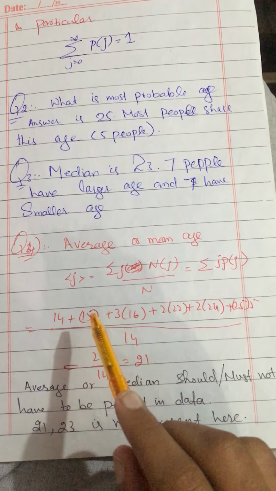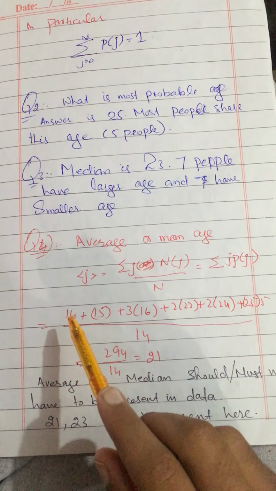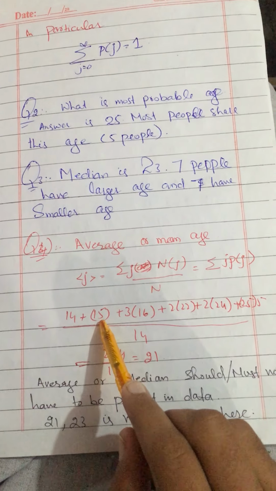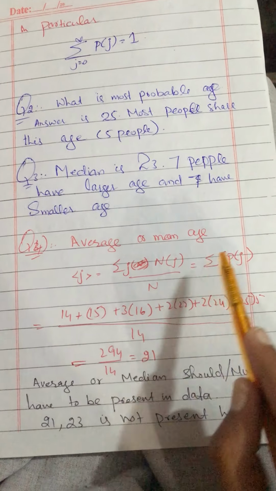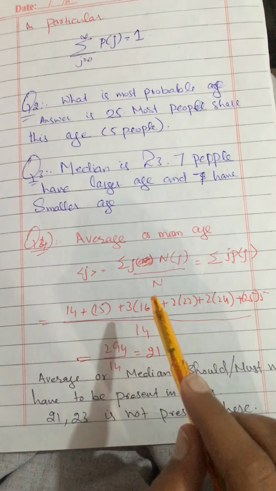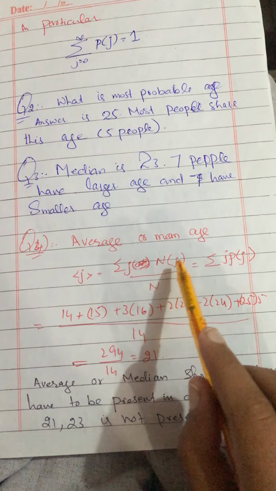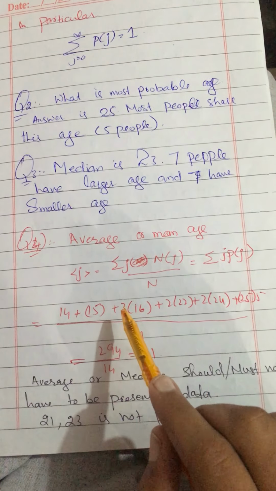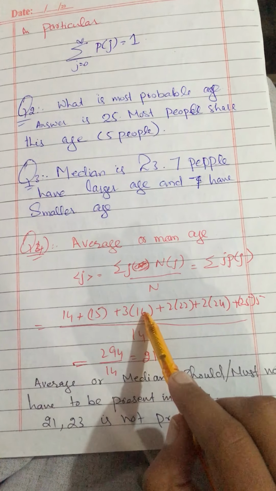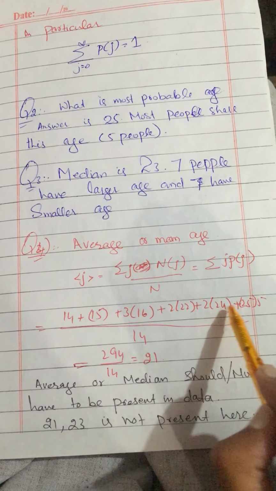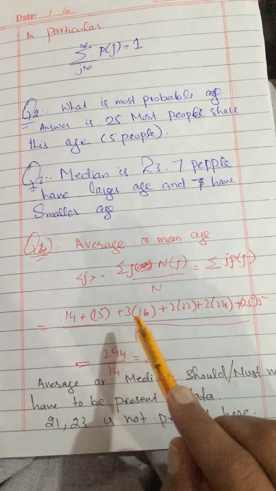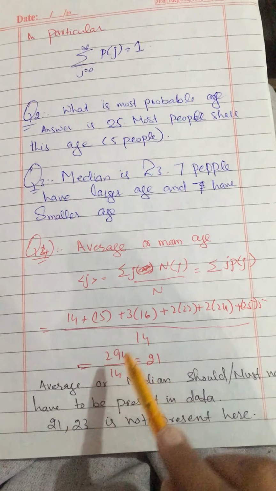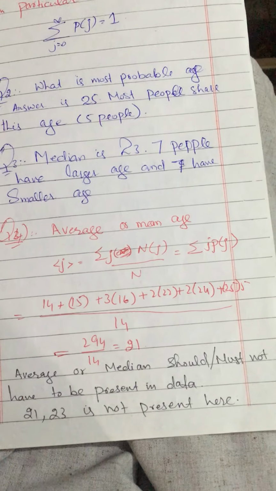So we can find the average for our people: one person has age 14, one person 15, three persons have 16, two have 22, two have 24, and 5 people have 25, all divided by 14. This is equal to 294 divided by 14, which is equal to 21.